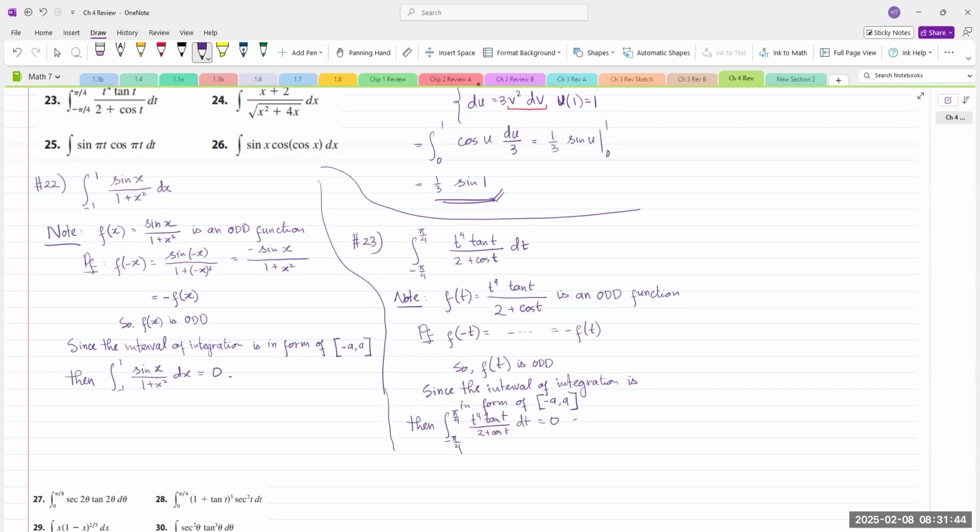Now again we need to make sure that the denominator does not get to 0.